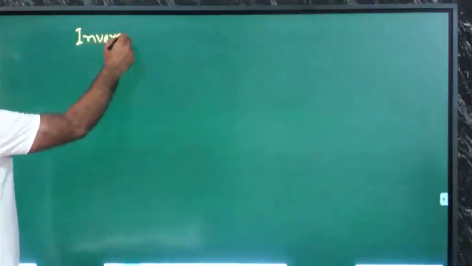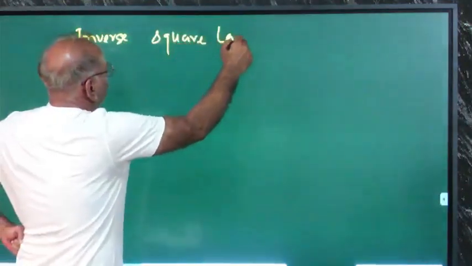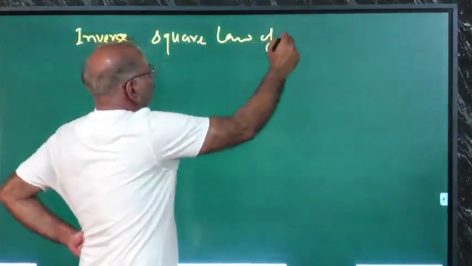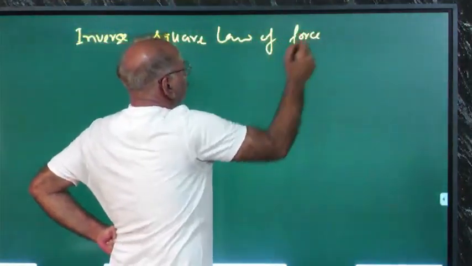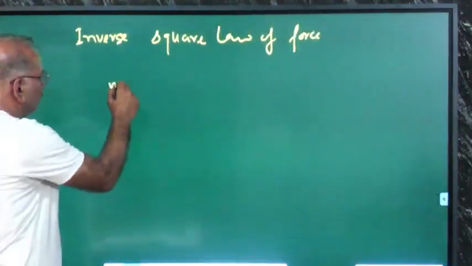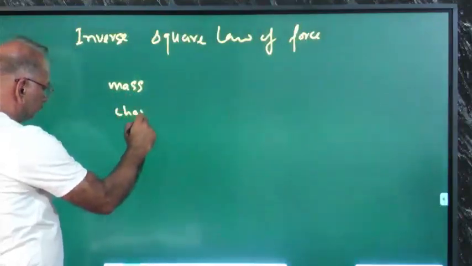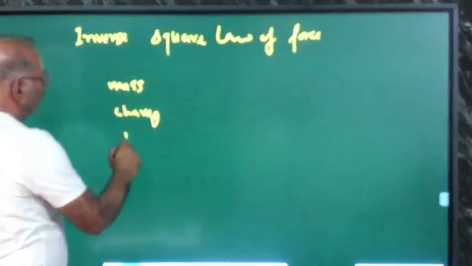And one of the important points is, in most of the cases, we will follow the inverse square law of force to calculate the magnitude between two particles, whether they are mass particles, electric charge, or magnetic poles.